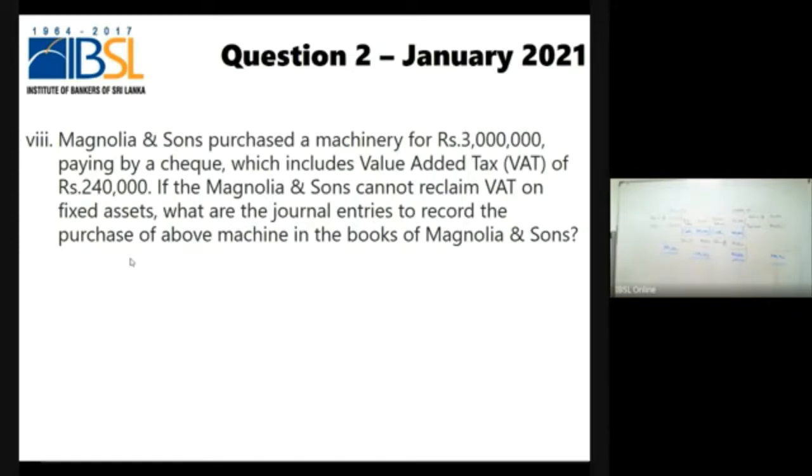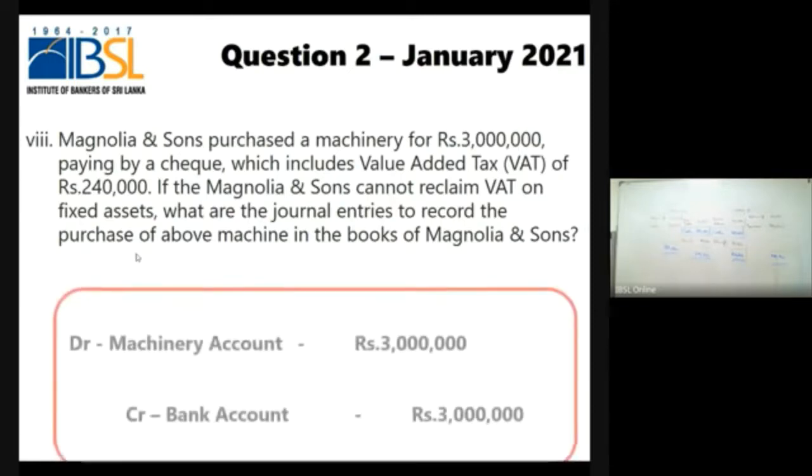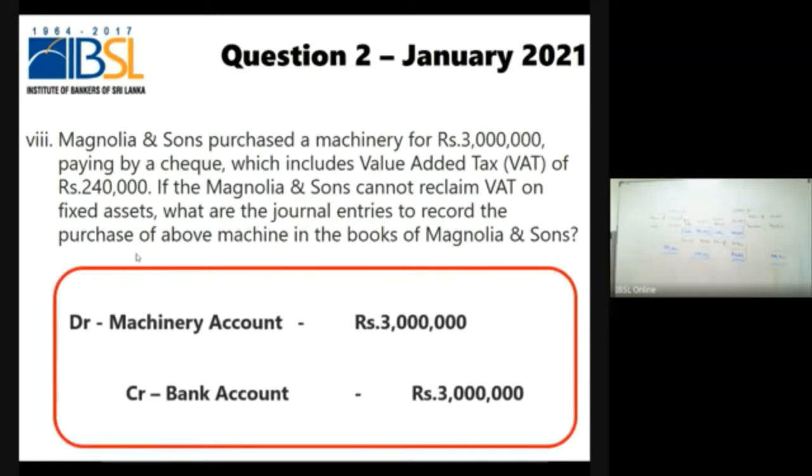So the machine is worth 3 million, that is your cost. So the double entry would be debit machinery account, credit bank account. Okay.